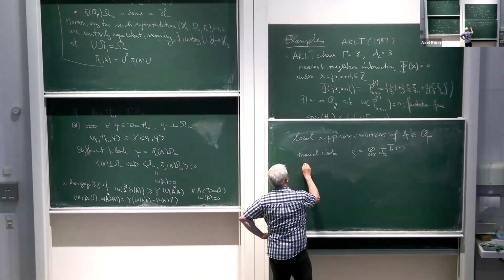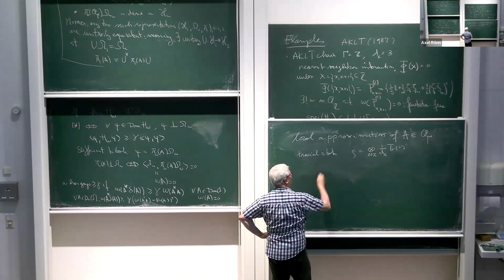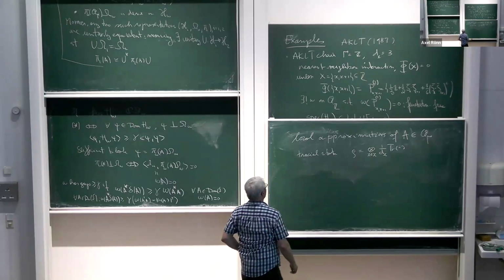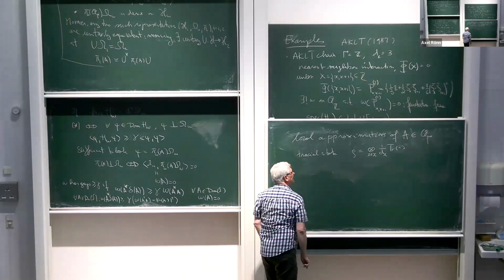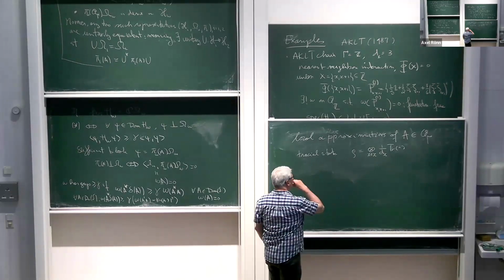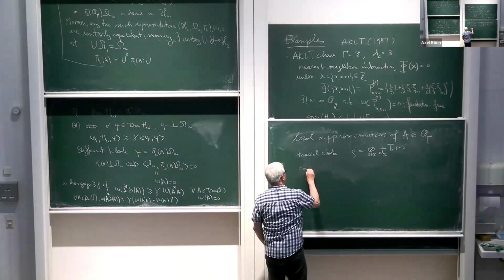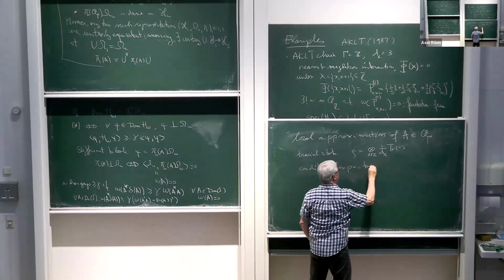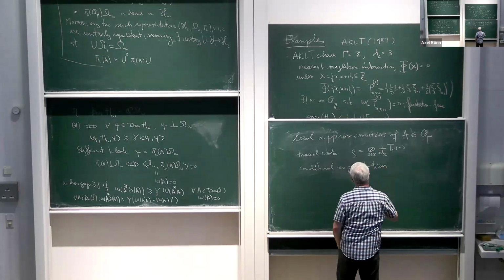If you have an observable that is a tensor product, like X at site x and X at site x plus 1, we can consider conditional expectations, which I can do because of the product state.